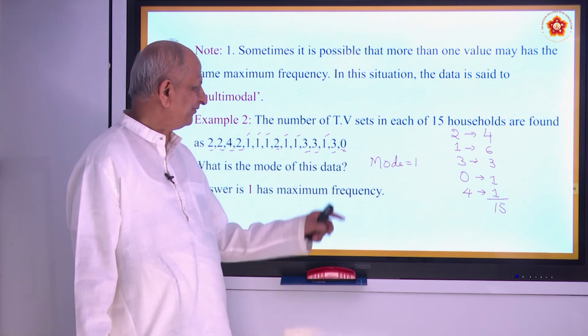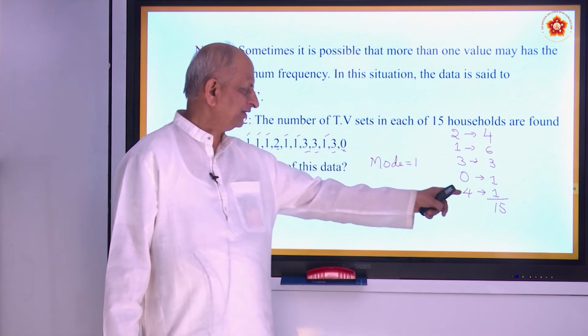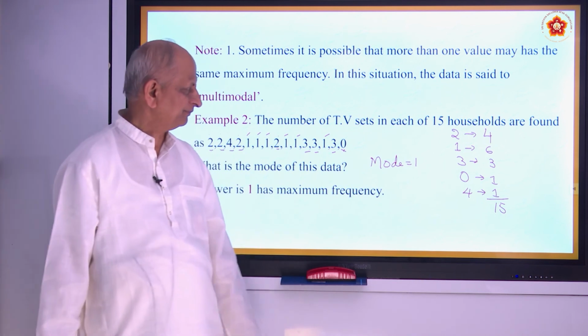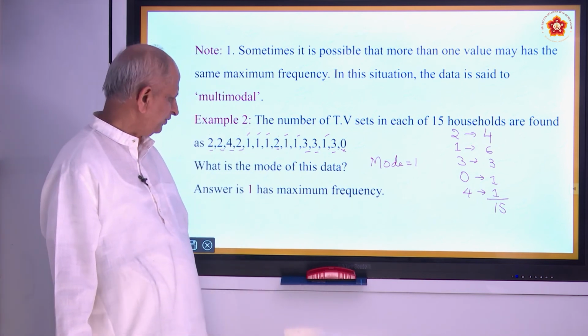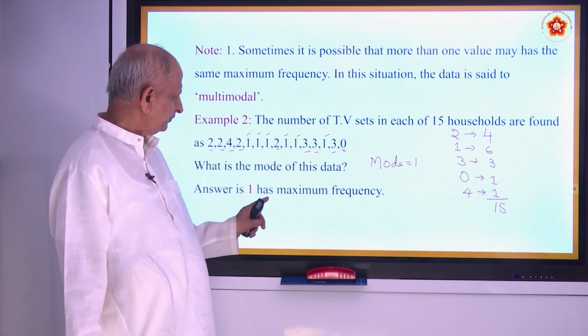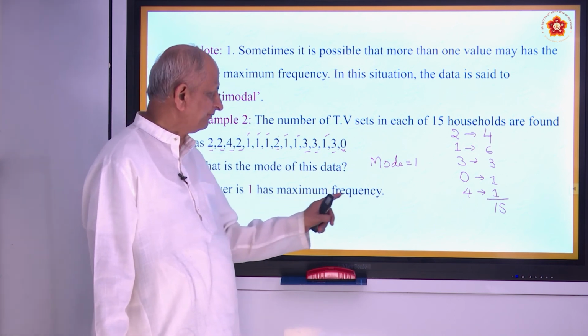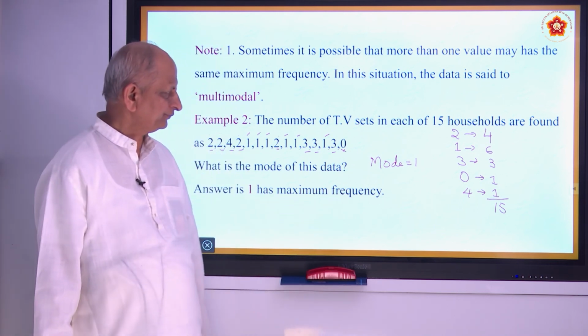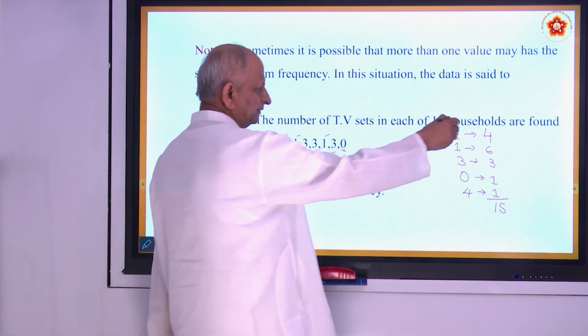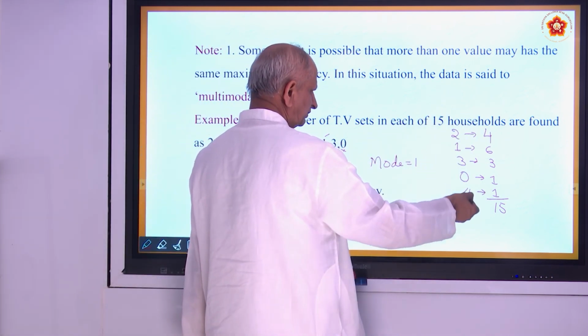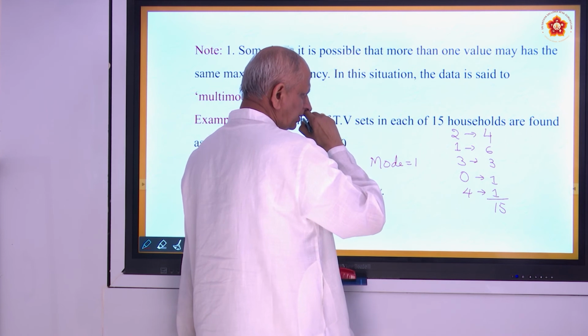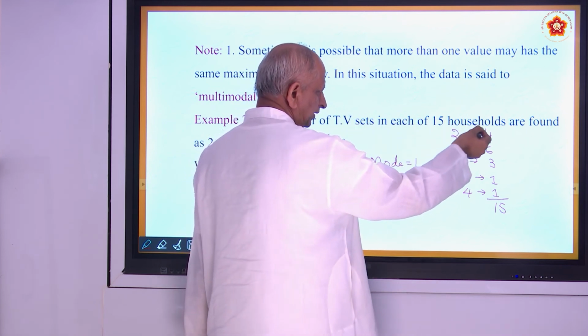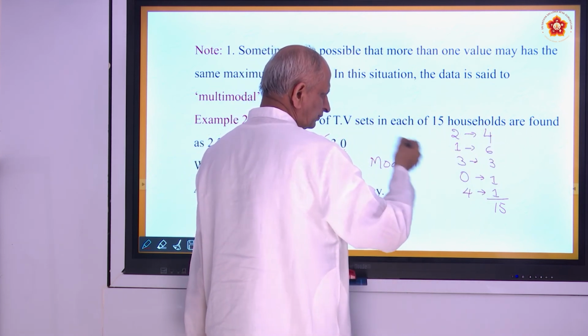So in the 15 houses, so many TVs are there. They are asking which has the maximum frequency. So this is the frequency, okay, this is the score.